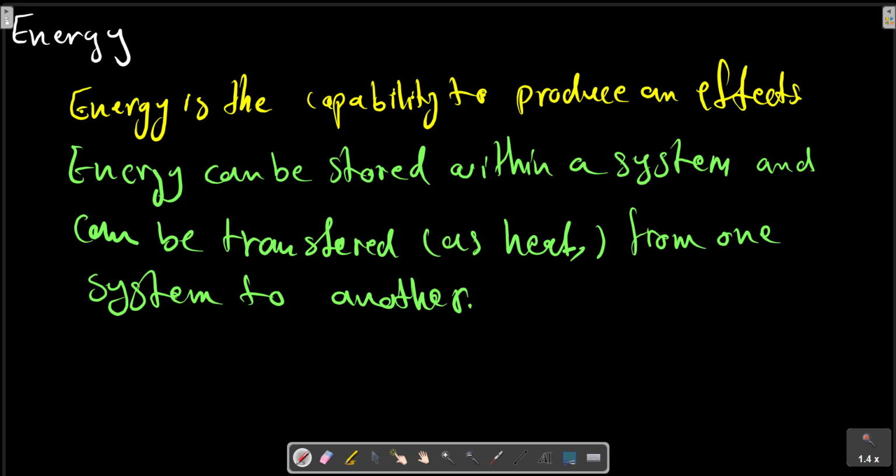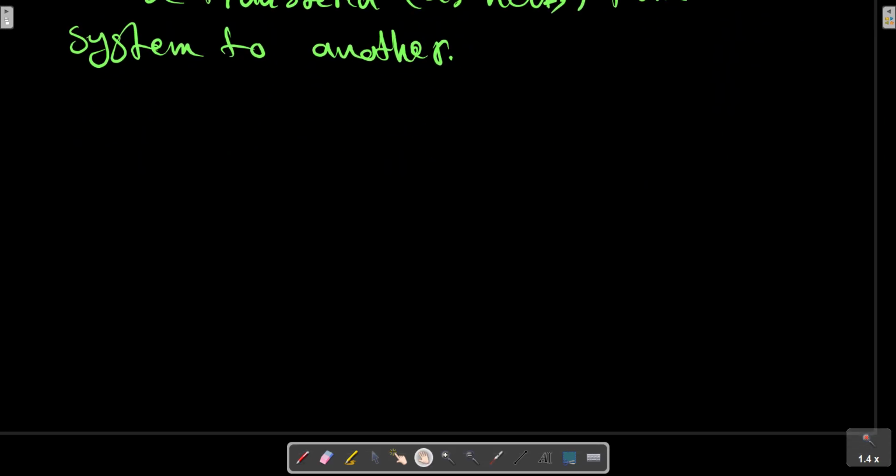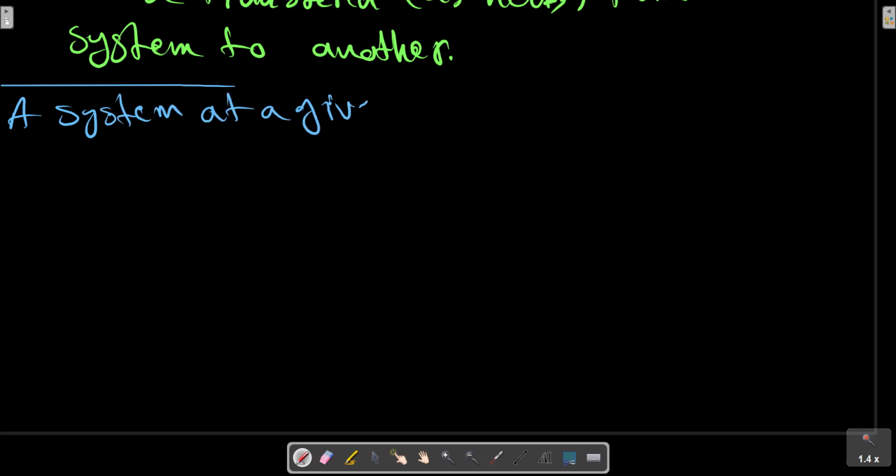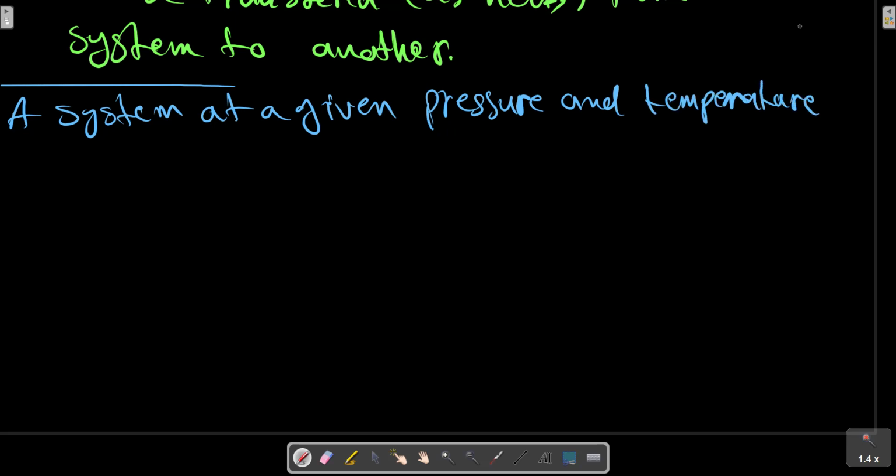Consider a system, a certain gas at a given pressure and temperature, contained within a tank or pressure vessel.